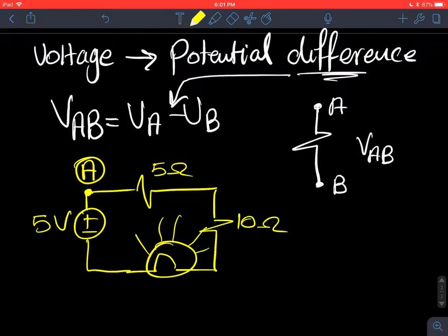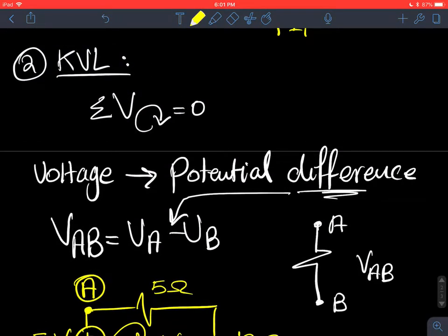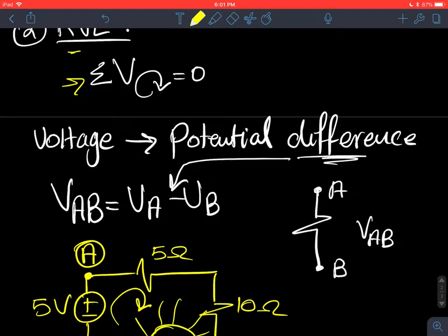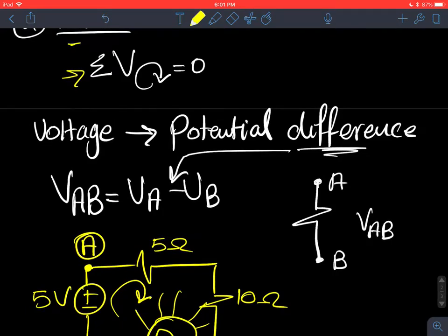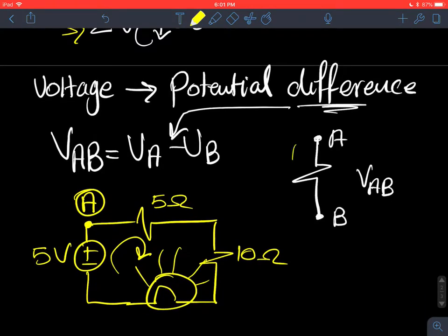This is node A. So if we go around this loop and we go from point A and come back, we make one full turn and we start at A and come back at A, according to Kirchhoff's law, it's going to give me a 0. This is what this sign means. It's a full loop. It's a full revolution.